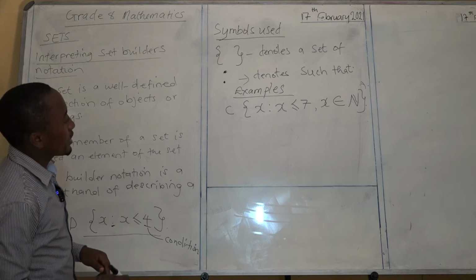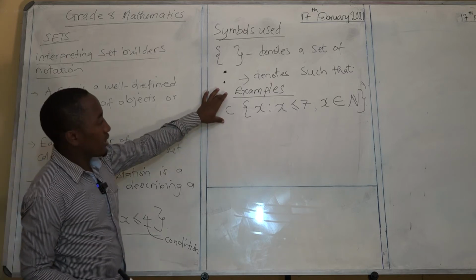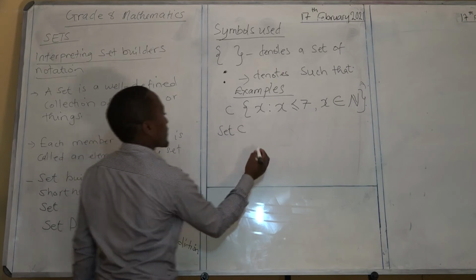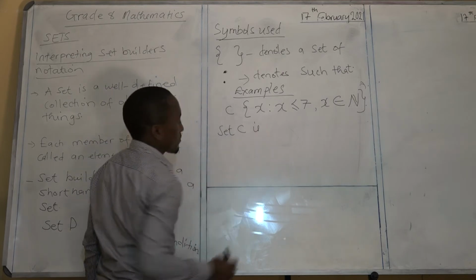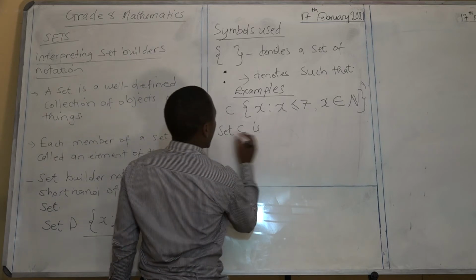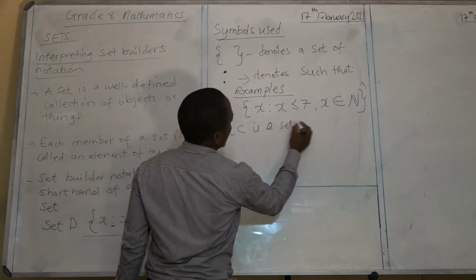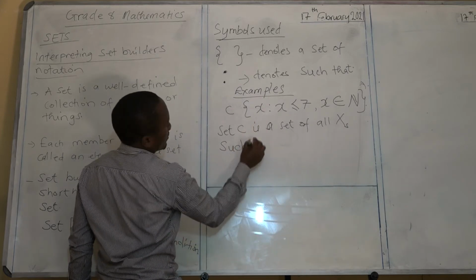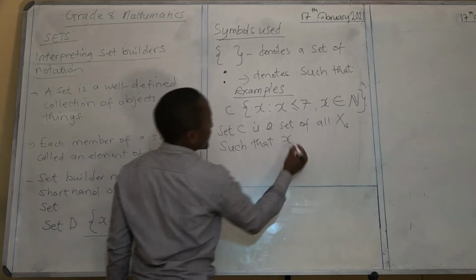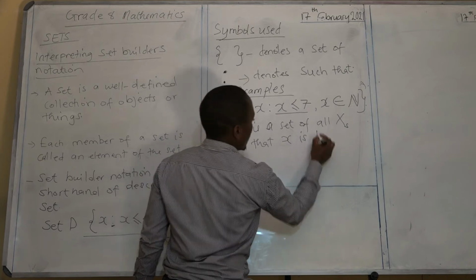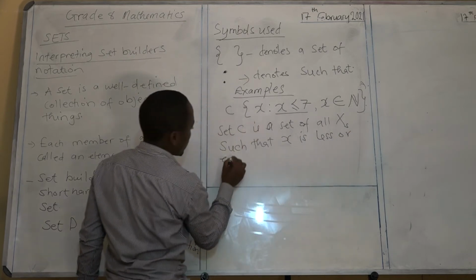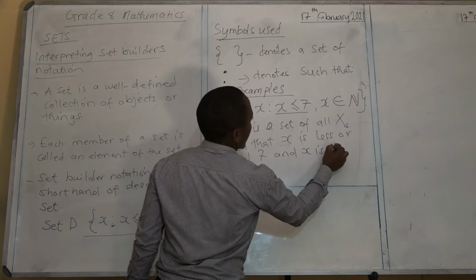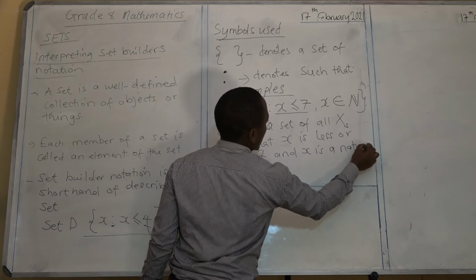When I tell you to interpret such a set builder notation, you should say: set C is a set of all x's such that x is less than or equal to 7, and x is a natural number.